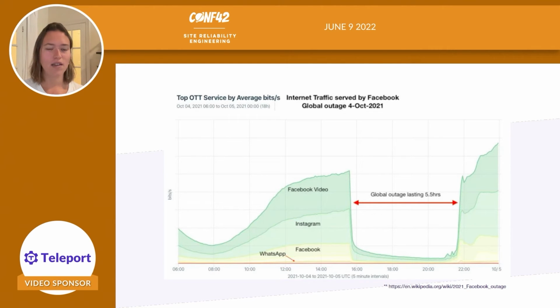And basically the problem was that during a routine maintenance job for these routers, there was a command issued with the intention to assess the availability of that global backbone capacity, which unintentionally took down all of the connections and effectively disconnected all of Facebook's data centers.